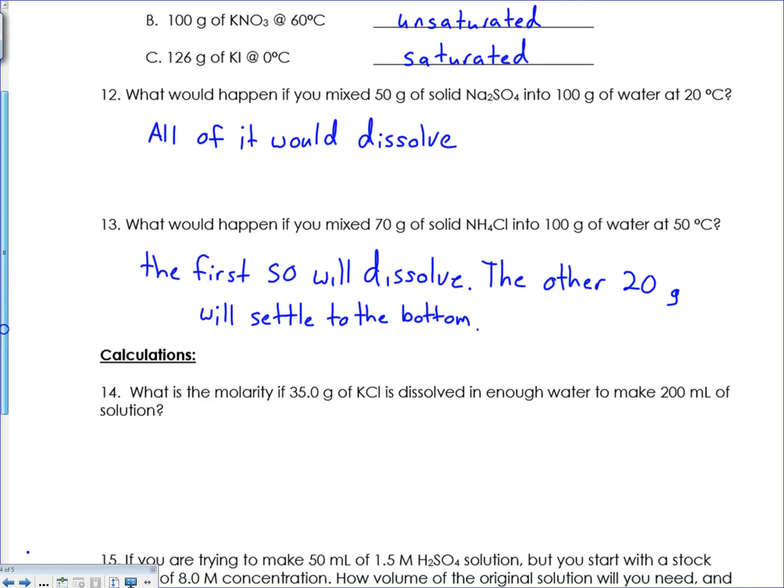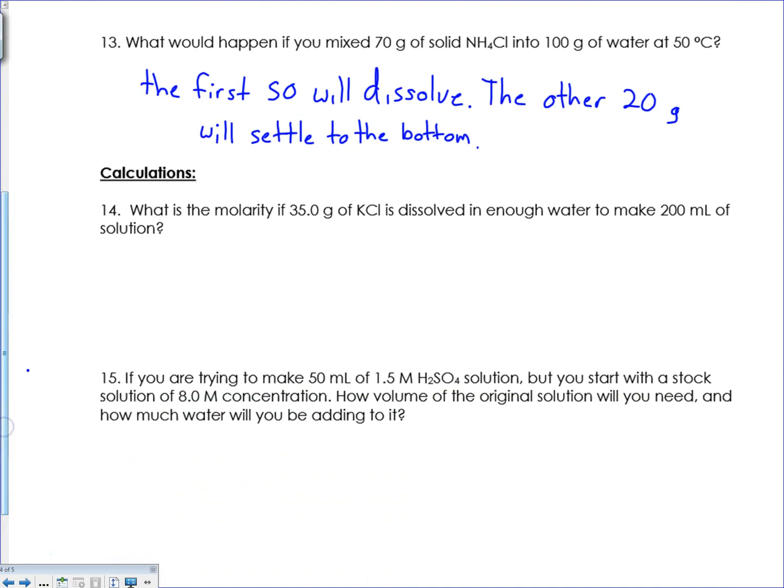And now onto the calculations. This first one asks, what's the molarity of 35 grams of KCl dissolved in enough water to make 200 milliliters of solution? Molarity is equal to the number of moles of the solute over the volume of the solution.